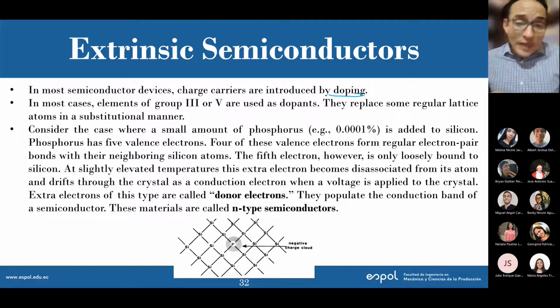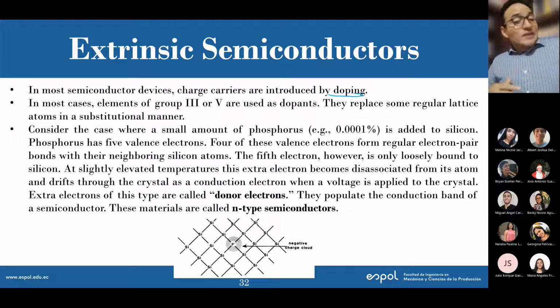But that 5th electron is loosely bound to silicon because it's not really forming a pair, because it doesn't have anything to pair with. So it is bound to silicon, but not strongly like the other 4 electrons, right?